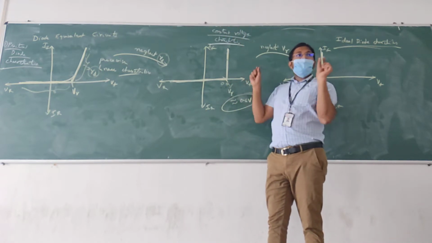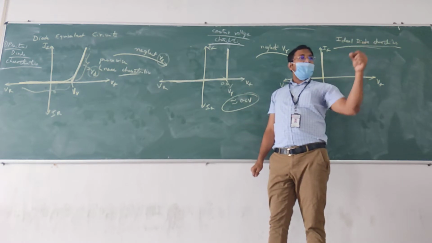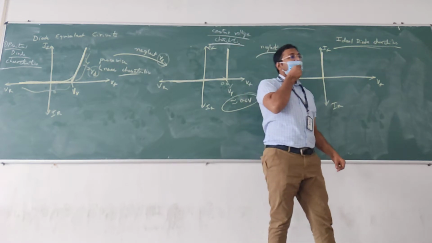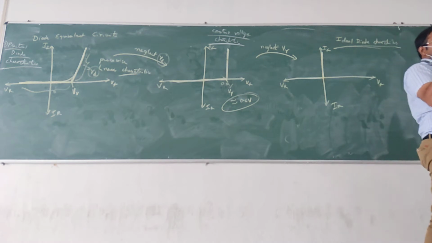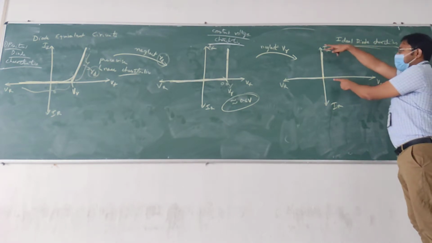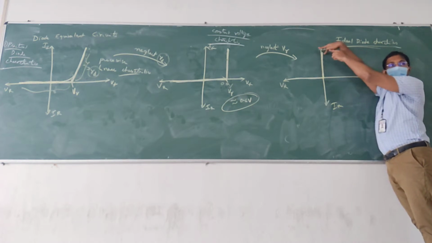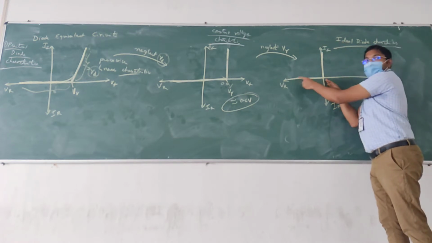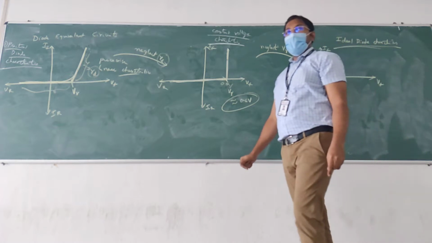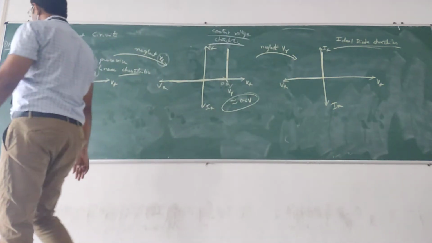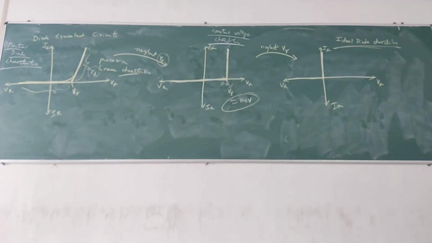So piecewise linear means straight line. Anywhere we come across linear, it is associated with a straight line. Even this is also piecewise linear. One piece is linear, the other piece is also linear. All these are piecewise linear characteristics.